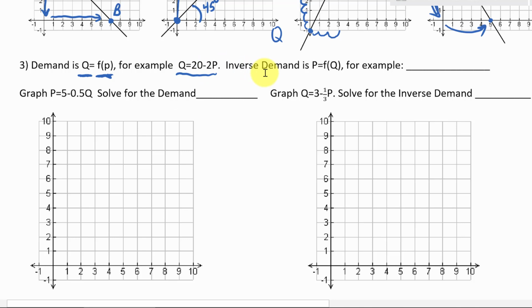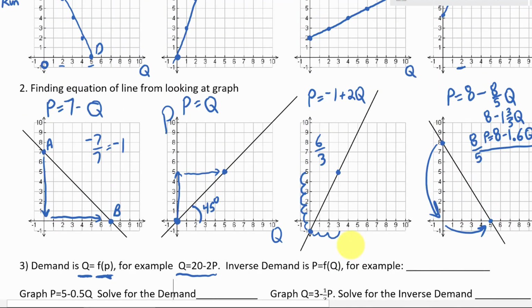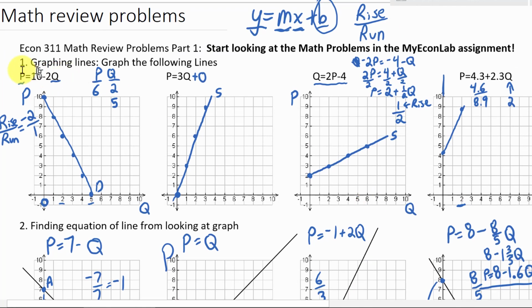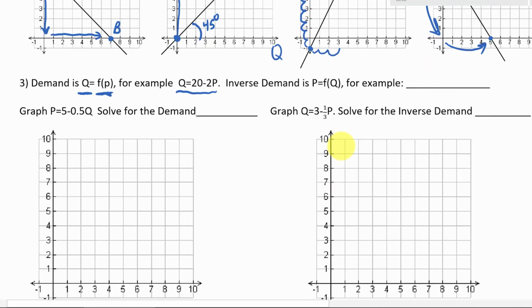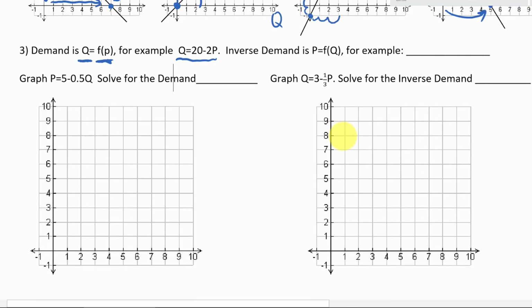The inverse demand is what we've been graphing up here, with P on the left. Although here we started with a demand function with Q on the left, and to make it easier to graph, we solved for the inverse demand. So again, we think about demand as being the thing that gives us quantity, because the definition of a demand curve or demand function is for every possible price, what is the quantity demanded?